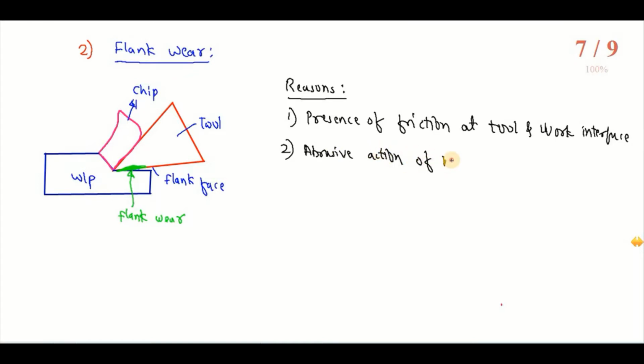of microchips present at the tool and work interface. You can see here the microchips which are there, and due to the abrasive action of these microchips, there may be a reason to get the flank wear and diffusion wear.